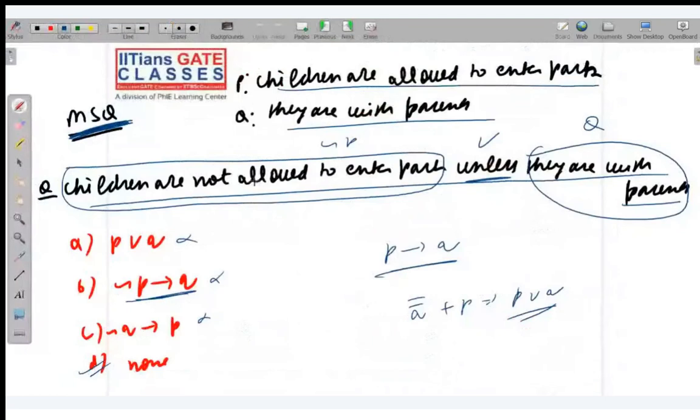So now I will show you here itself. I think everybody has taken snapshot of this. Now I am giving you another question. Now I will say, children are not allowed to enter park. Okay. And now what will you say?